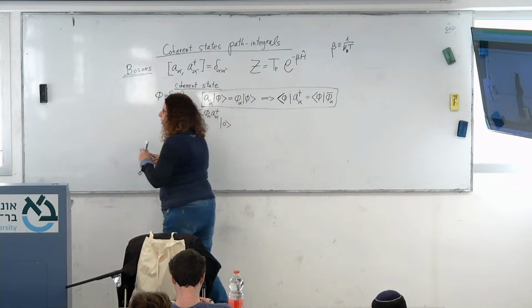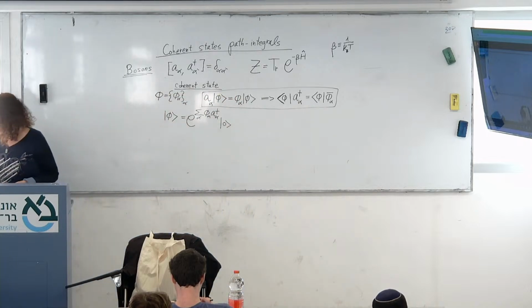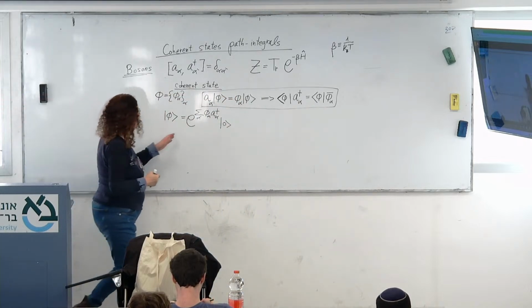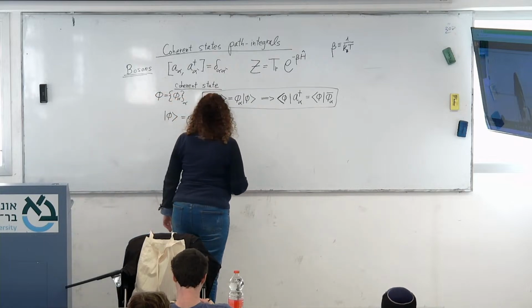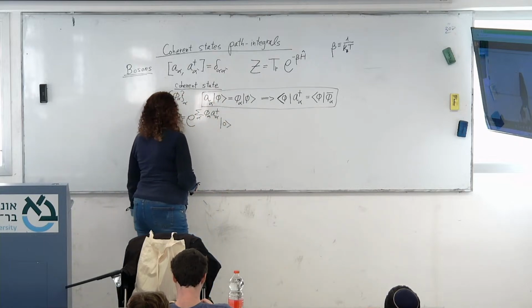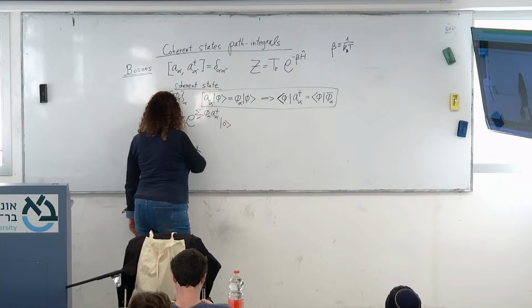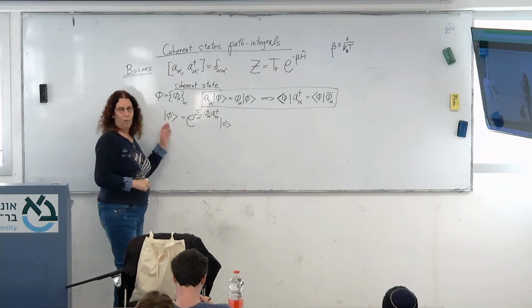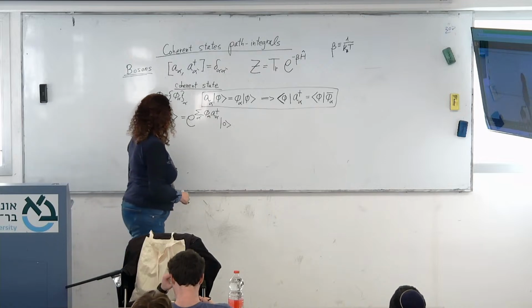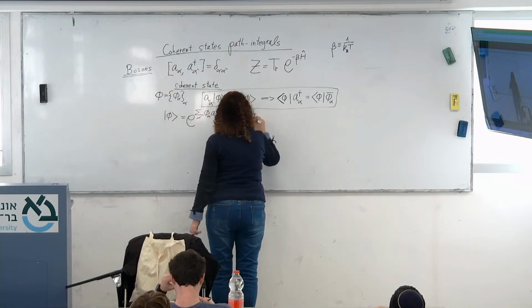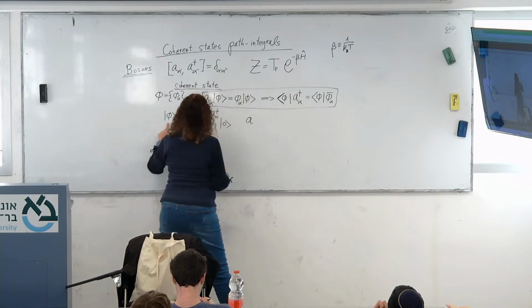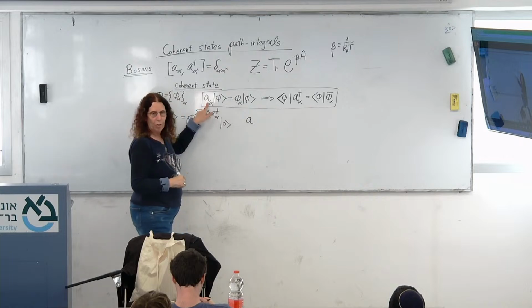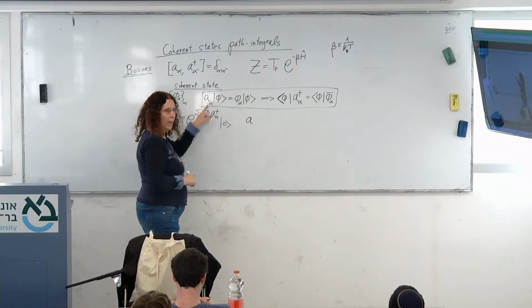Now, one can also show quite easily that, once we have this explicit definition of phi, it is easy to show that while phi is an eigenstate of the annihilation operator, it's of course not an eigenstate of.